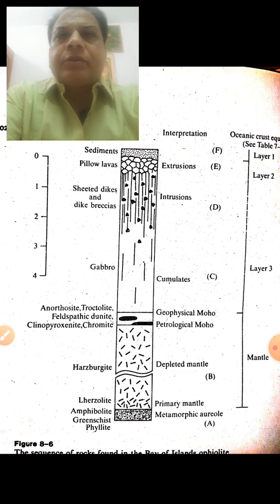The distinctive association of rock resembles oceanic crust and upper mantle in both thickness and sequence. Ophiolites are fragments of oceanic plates that have been somehow thrust into a subaerial environment.